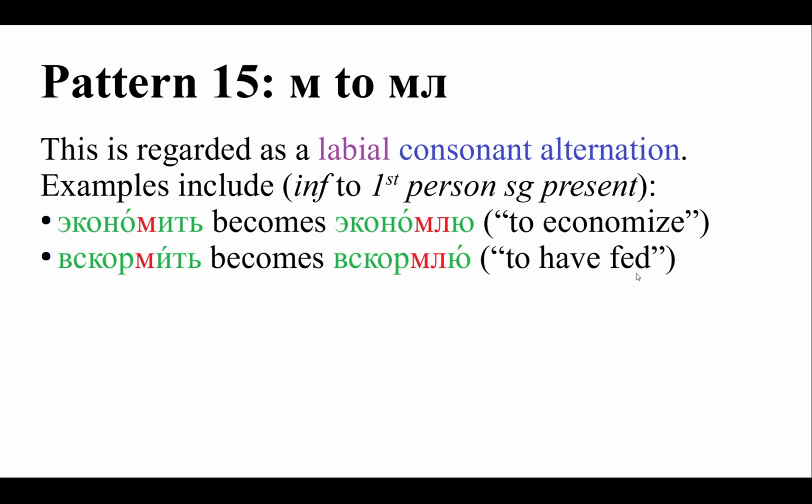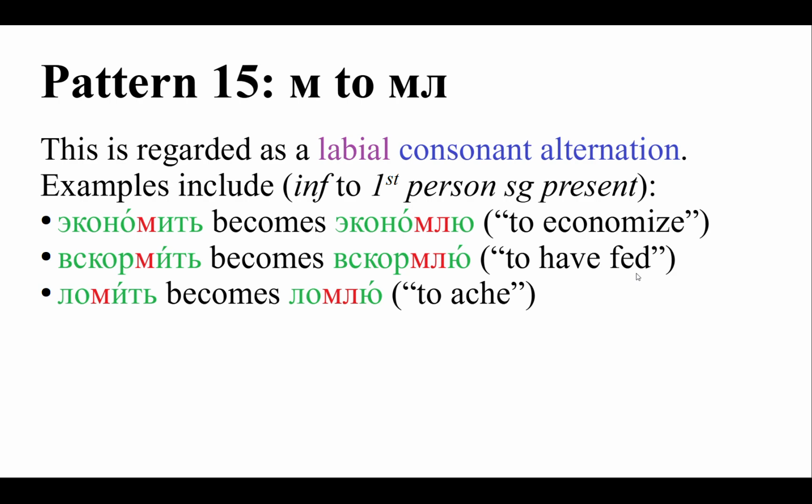Yeah, and then lomit, to ache or to hurt. No, to ache actually is a non-personal verb, which will be explained later. To break your arm or your feet or something. Lomit becomes lomlyu. Again, you see that the m turns into ml here.